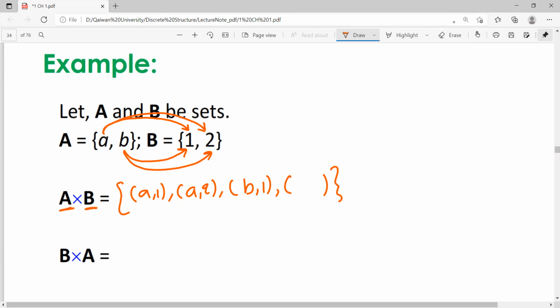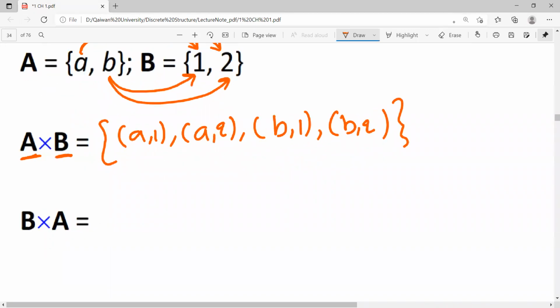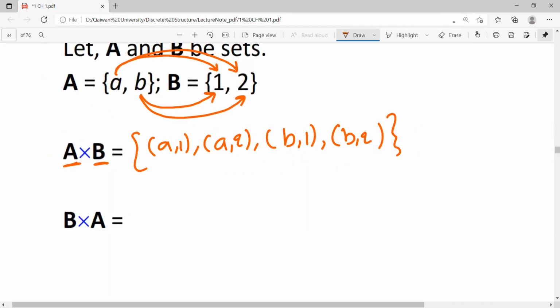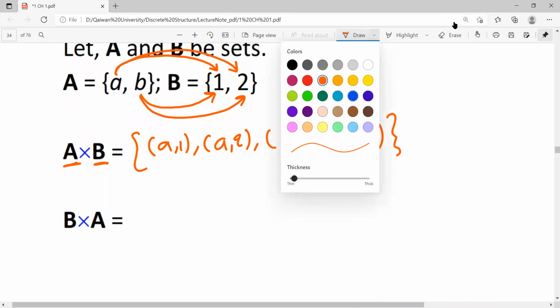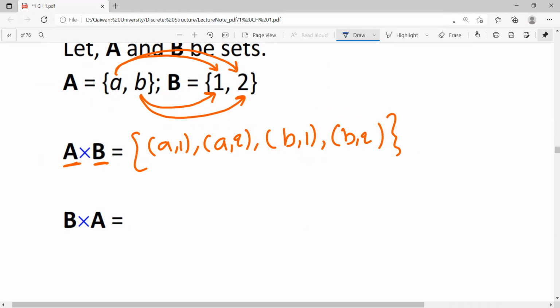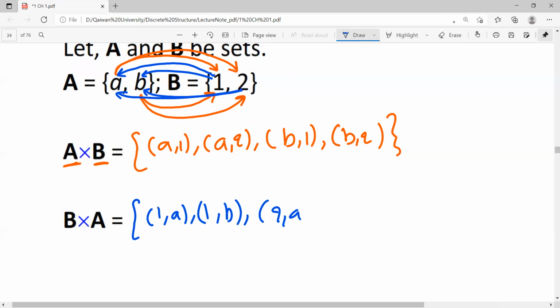So (b,2). And for finding B times A, it's the other way: (1,a) and (1,b), (2,a) and (2,b).